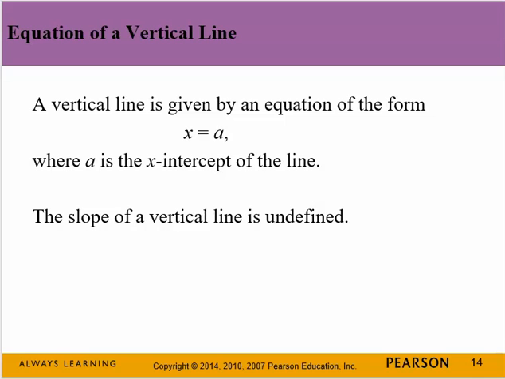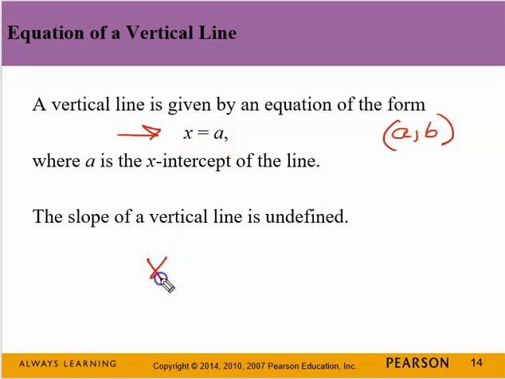Looking at another basic equation, and again, keeping in mind that the ordered pair can sometimes be written a comma b, a vertical line, that special formula is x equals a.